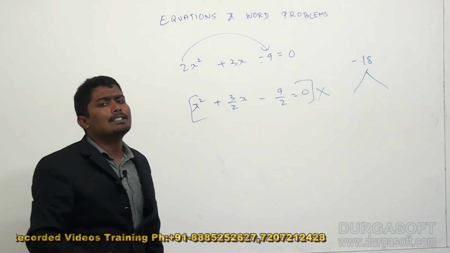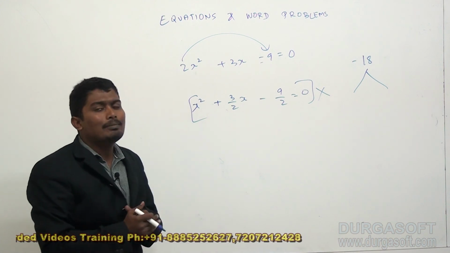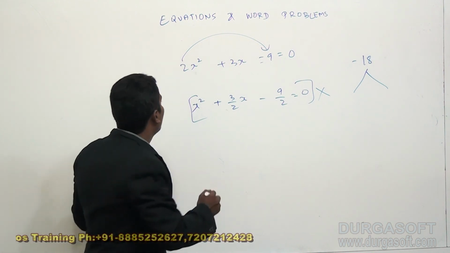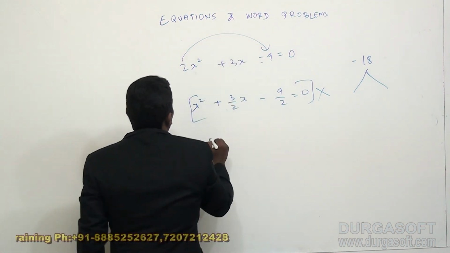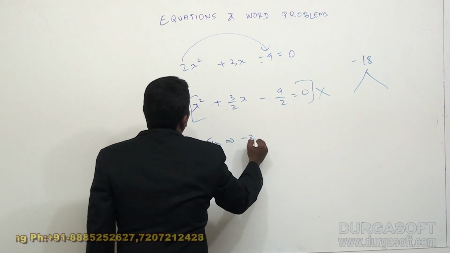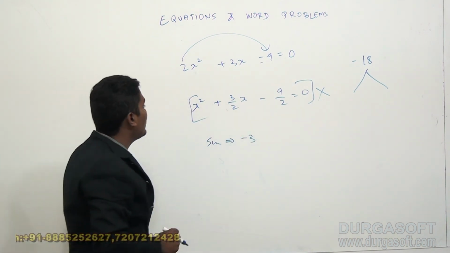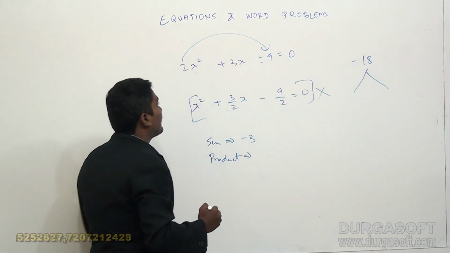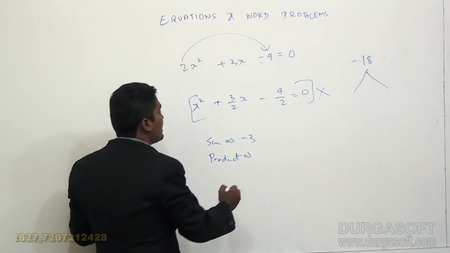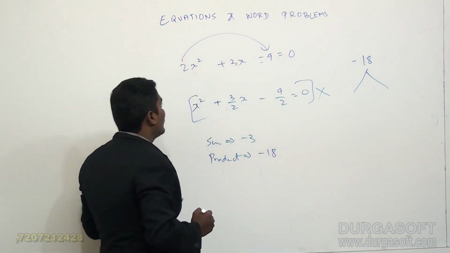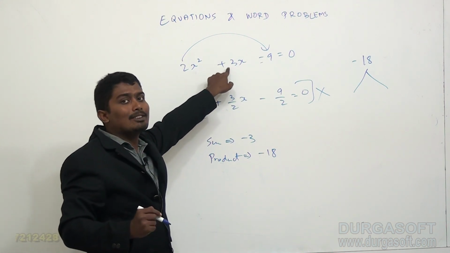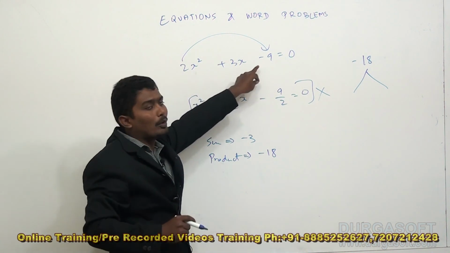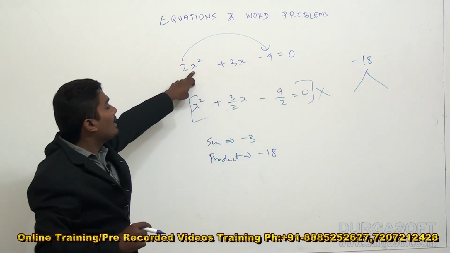So how can I write minus 18 as a product of two numbers such that the sum of the numbers should be minus 3? Earlier I considered the product of the numbers as 9 alone, but here x square has a coefficient.